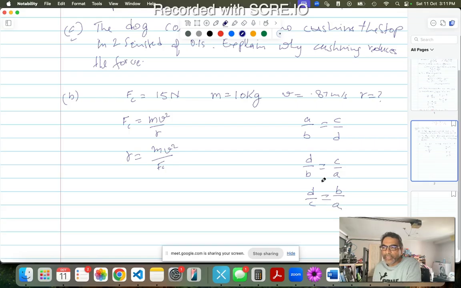Right? So in this case, what is happening? We just reciprocate that thing. So d over c becomes b over a. For all the equations where we can see this happening, this is how we can put r to this side.